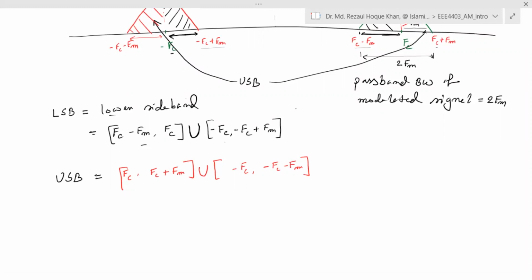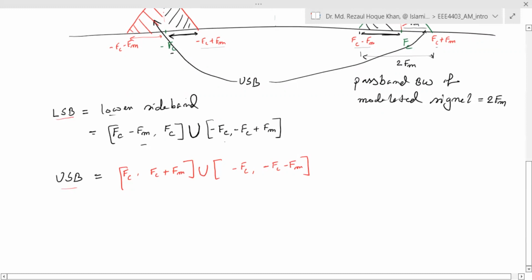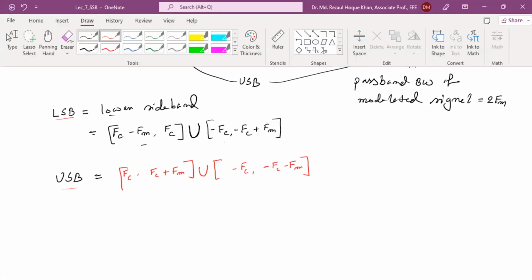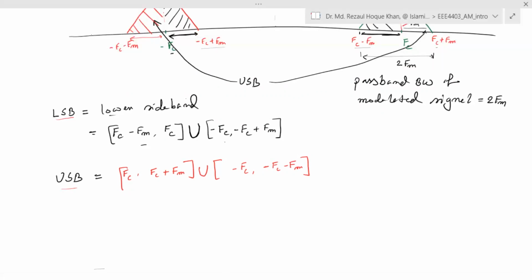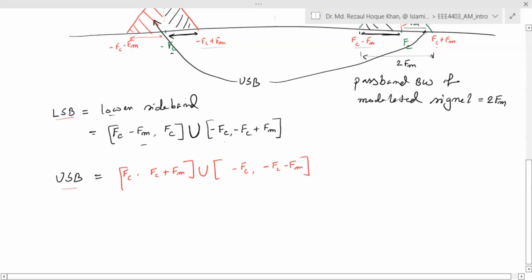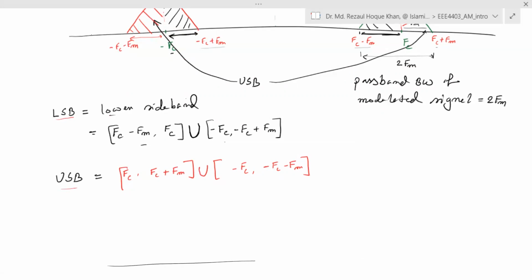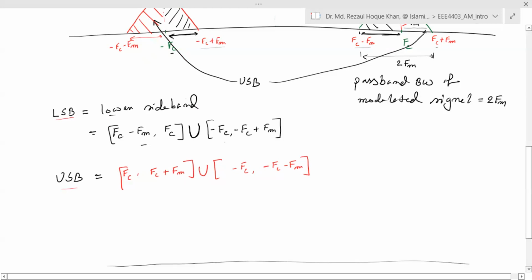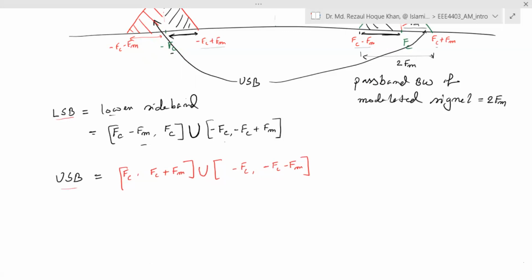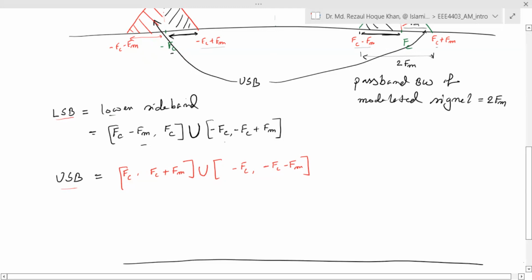Now, because we know the lower sideband individually and the upper sideband individually, we can actually draw them. Let us draw the upper and lower sideband separately. So if I draw it again, here will be one, here will be the other.